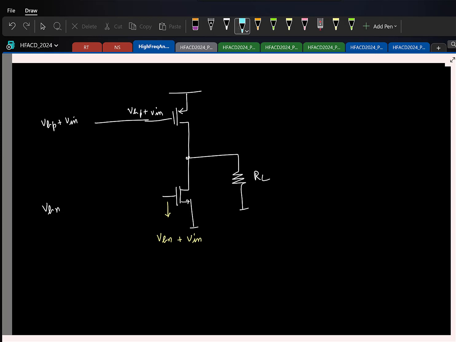From Vin, capacitor, and what about VBN? If I connect it directly, this voltage is just VBN, right? You can't connect it directly. So what do you connect? Okay, let's not go to inductor. Something else?